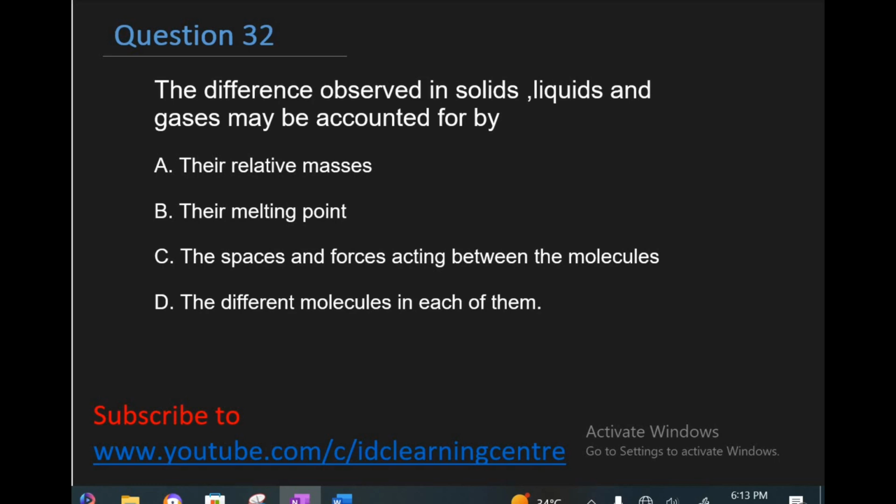The correct answer for this question is option C. The spaces and forces acting between the molecules is what differentiates gas from solid and from liquid. That's the space, the distance between the molecules, that brings the difference. So the correct answer for this question is option C.